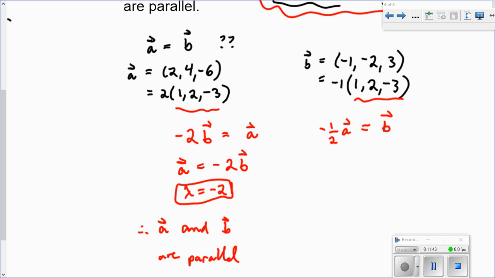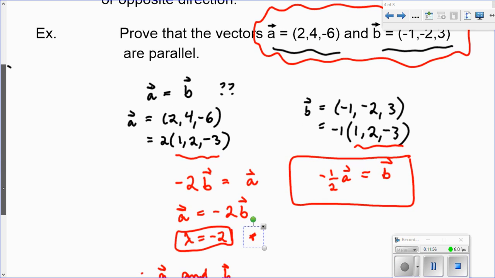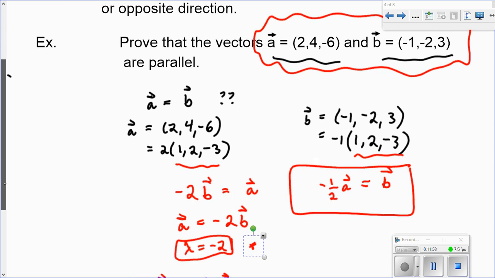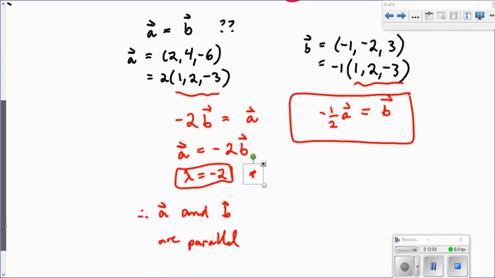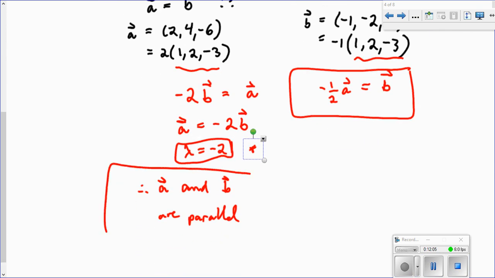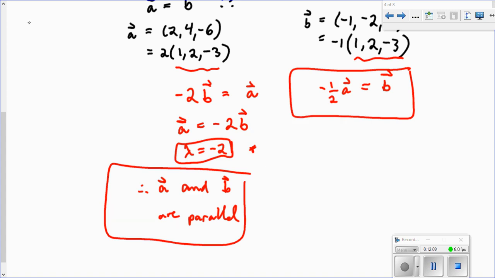Now, if I turned around and solved for A, I get my same line here. I don't think it matters really what order you talk about the two vectors. Another way to say this is that B is negative 1/2 of A, and that's fine. This is the conclusion that we came up with. That's the whole point of that example here.